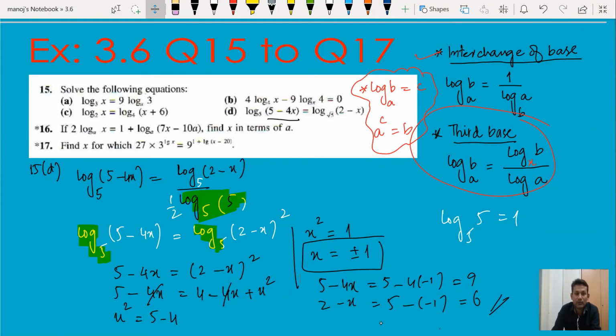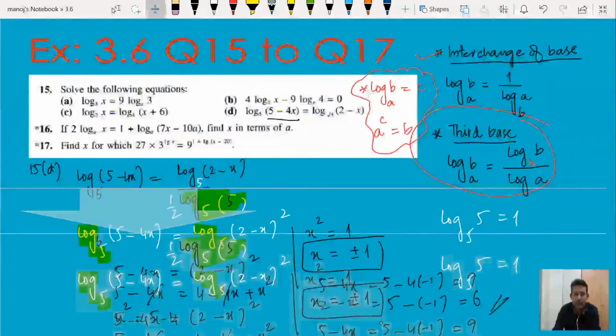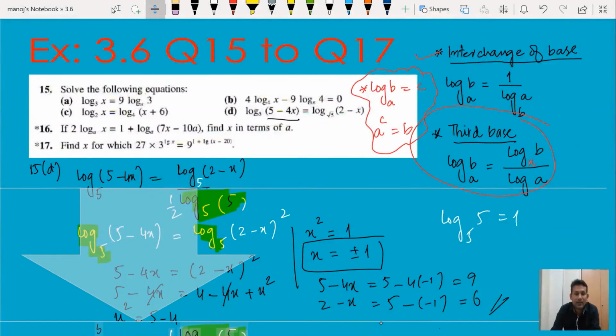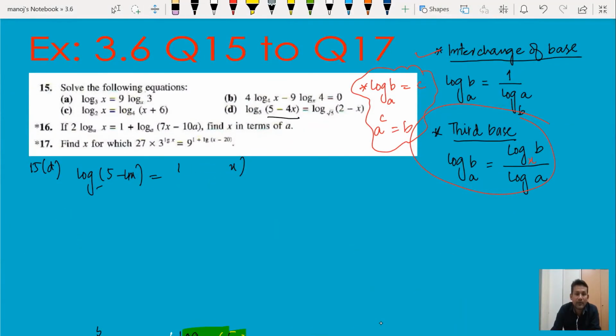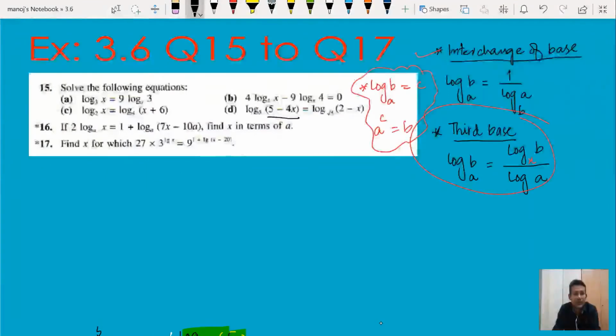Now moving to the next part, which is our question number 16. Let's see what we have in 16, the star question. In question number 16, the base is a. The base is a and there is 1. So there is no problem in this part, I think.